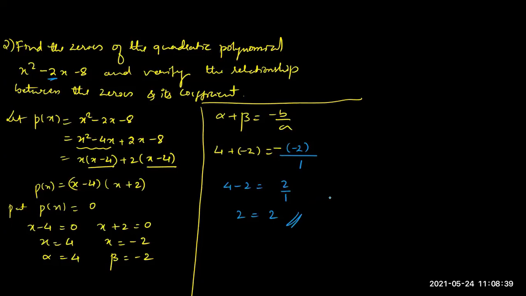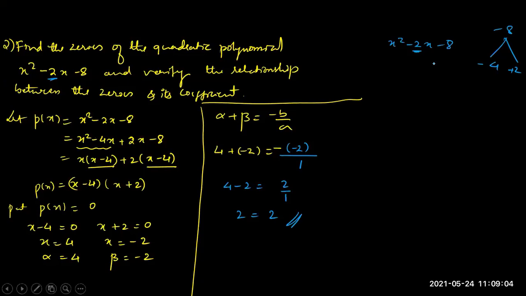Sir, how did x square minus 4x plus 2x minus 8 come? This is the splitting method. Now x square minus 2x minus 8 is there. Minus 8, we need to split it. 4 twos are 8, minus 4 plus 2, that is minus 2. Clear?